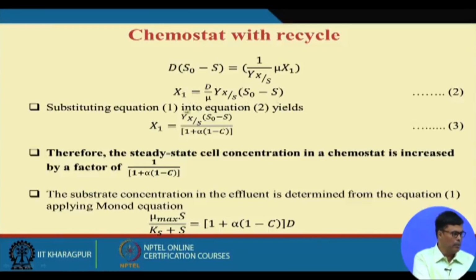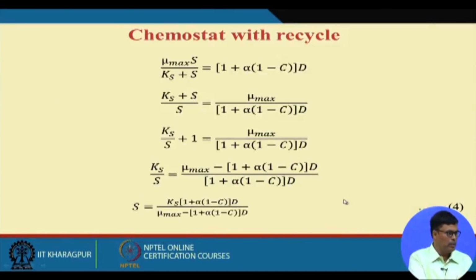At steady state, the chemostat with recycle increases the cell mass concentration by a factor of this. The substrate concentration of the effluent is determined from the Monod equation and can be expressed by this equation.